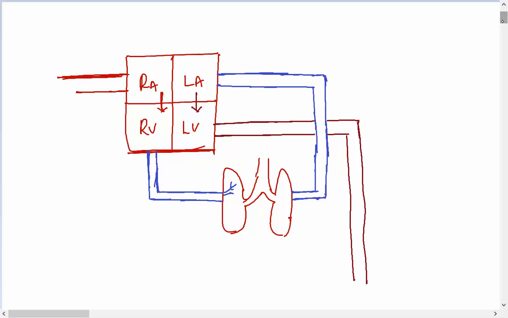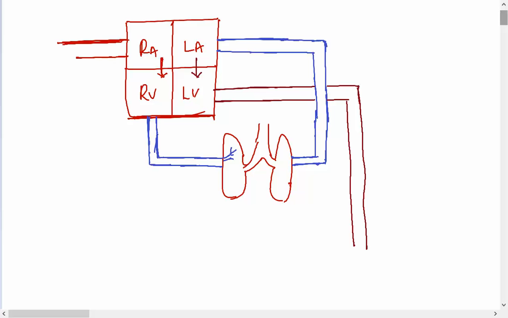Now, for example, it is going to the arterioles and the capillaries and it is entering the person's leg.